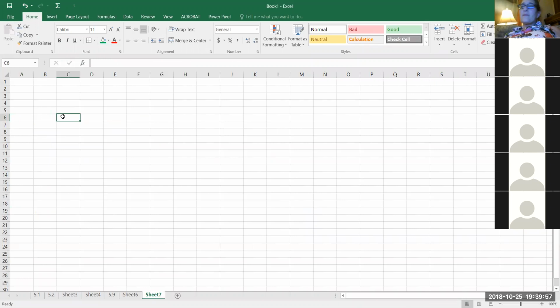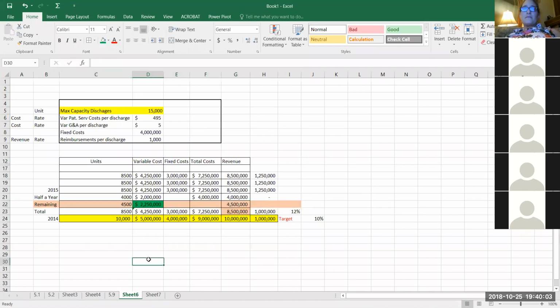Sorry, before we move to 5.8, I just have a quick question. For the actual Excel spreadsheet that we have to complete, are you expecting us to create these types of graphs or functions or no? In the Excel spreadsheet that I sent you, graphs are already created in it, so you don't have to create them yourself.